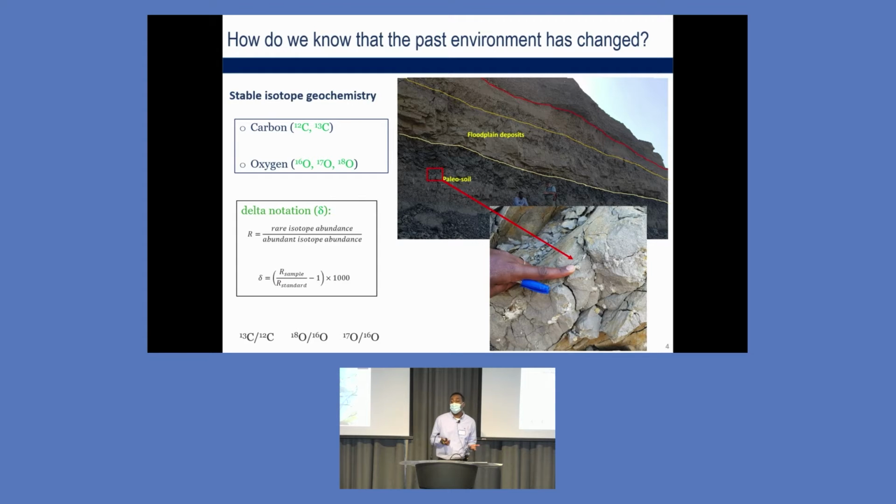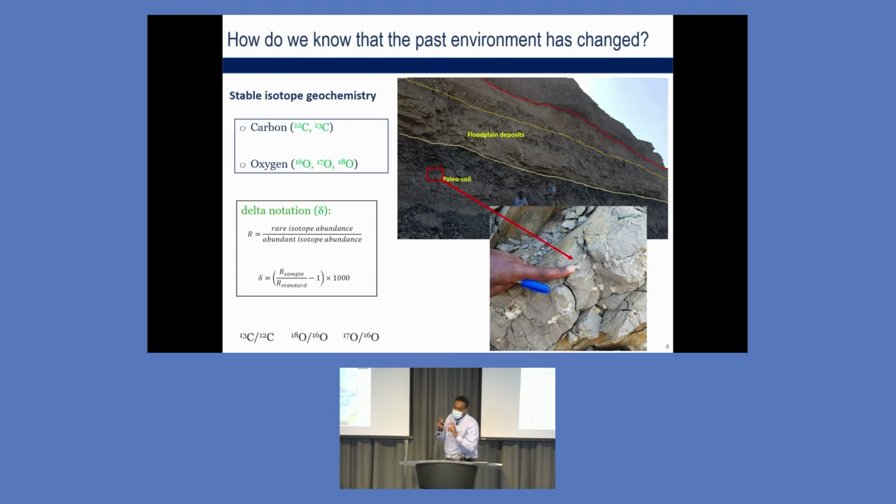So how do we know the environment has changed in the past? We look into the geological records. Those geological records are, as I mentioned, geological materials: fossils, rocks, soils, and the like. For this project, I'm going to look into ancient soil materials that have been deposited and covered.